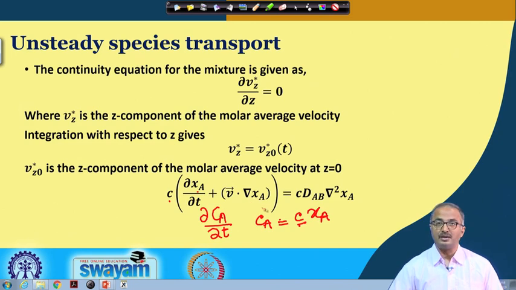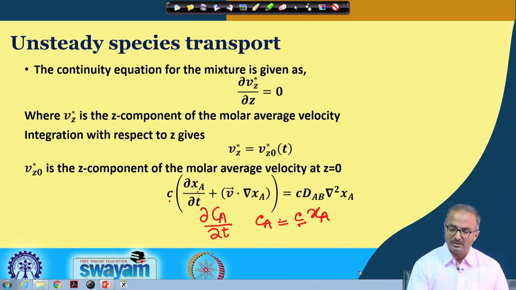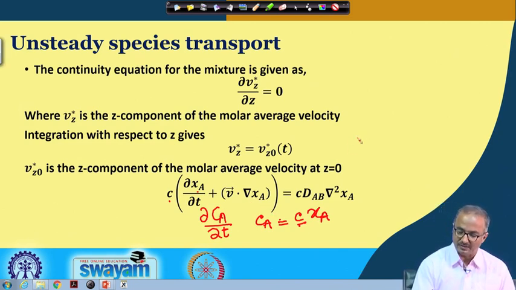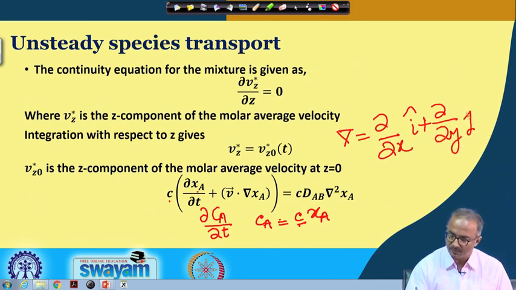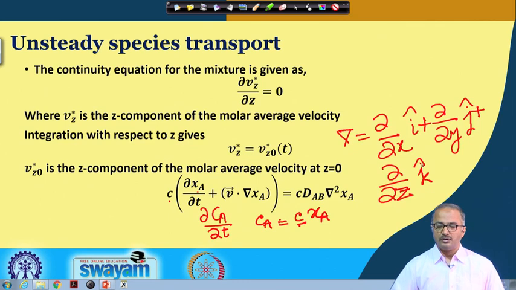And this nabla Xa, as you know, is the gradient of Xa. In Cartesian coordinates, nabla is dou by dou x, and so on. So nabla into Xa gives the gradient of Xa.